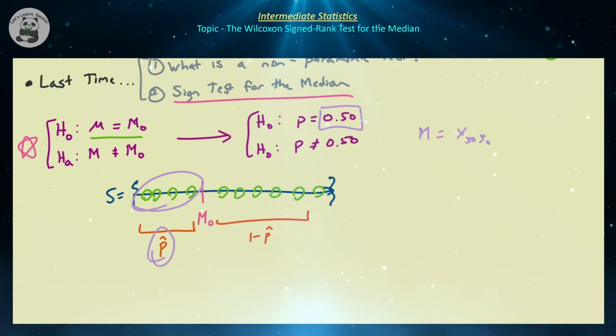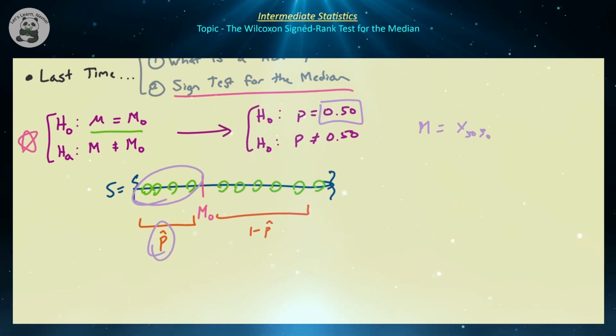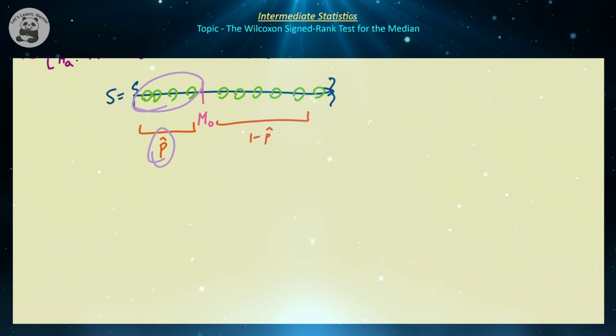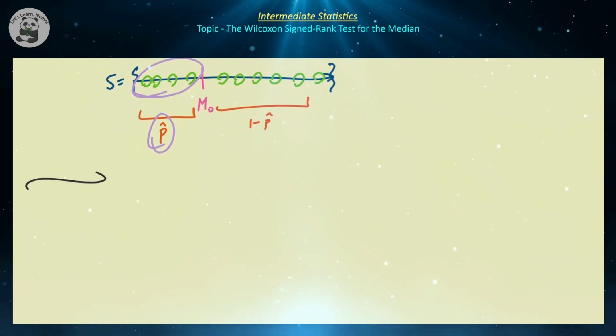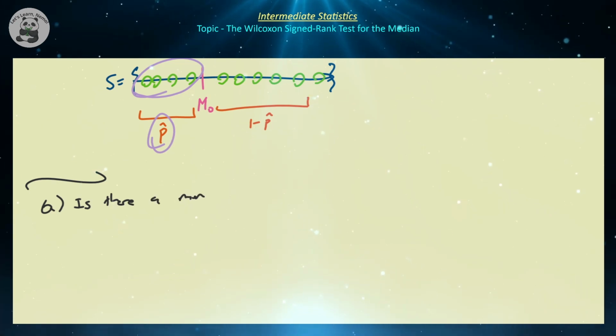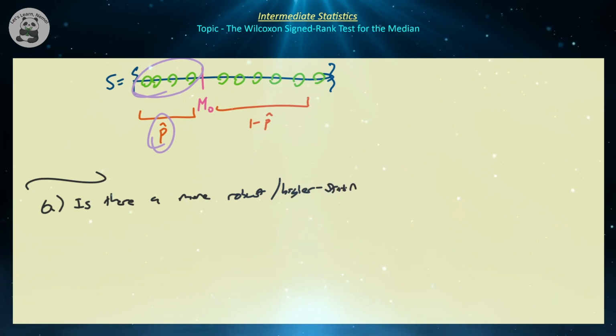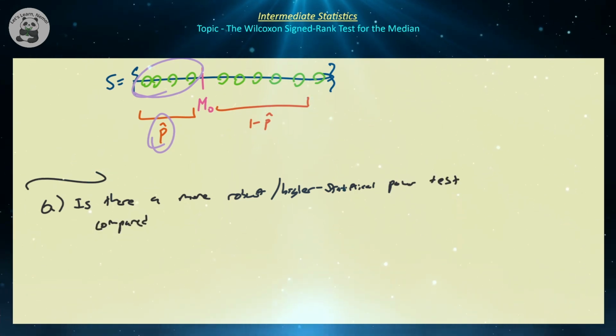So although that perfectly tests the claims for single medians, a natural question is: is there a more robust or higher statistical power test compared to the sign test? The answer obviously is yes.